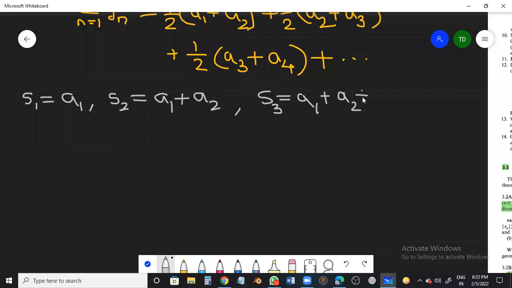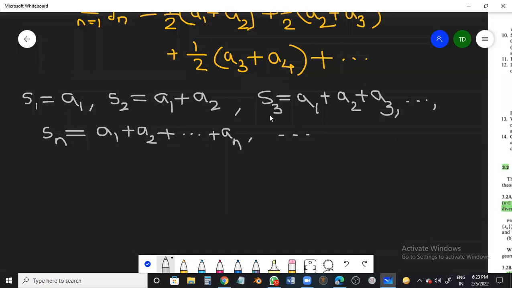Actually, every now and then it is not needed to write each and every term, but I just want to clarify what I'm doing. So what is the nth term? Nth term is the sum of A1, A2 plus and so on up to An. And we just continue in this way. So we will say comma and so on because the terms are not stopping anywhere.